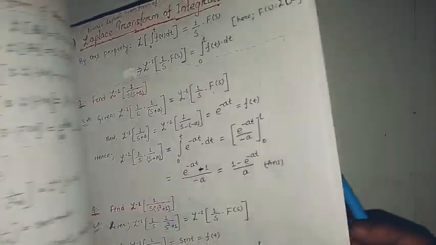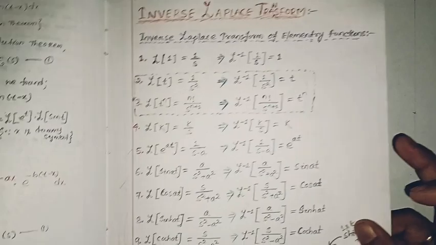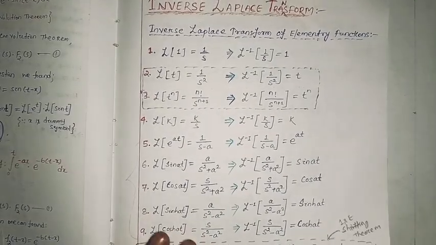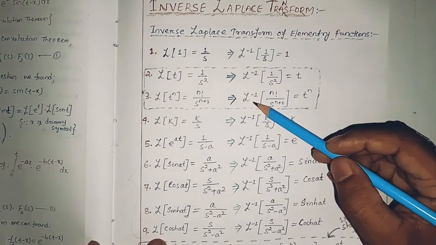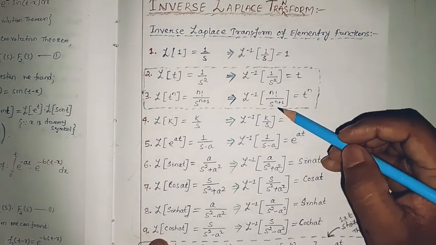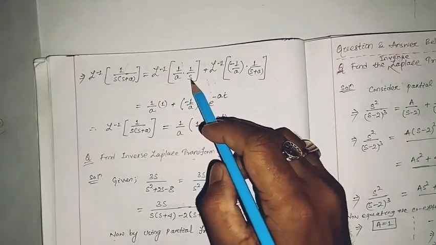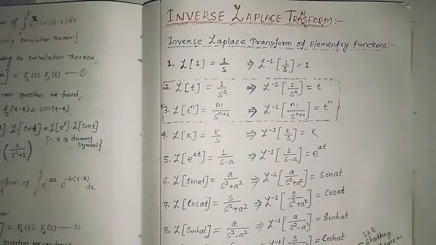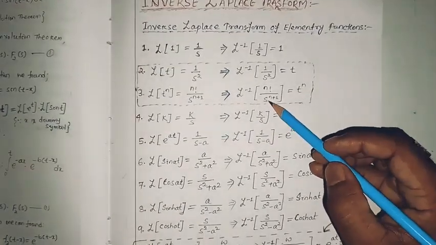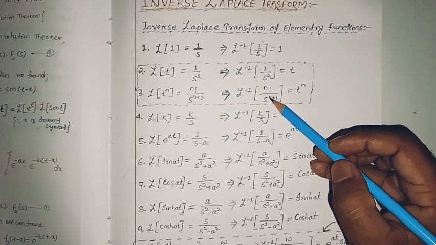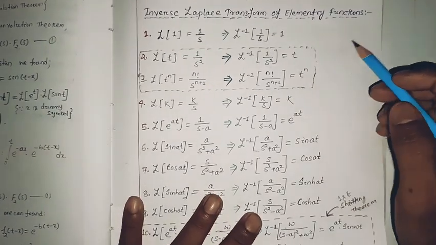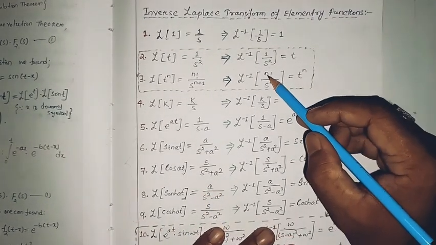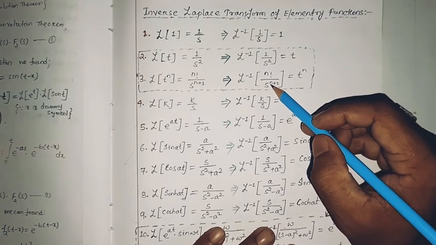We know that, you have to remember, I told you these 16 formulas or functions, the inverse Laplace transform basics, you should remember. Here you can see the inverse Laplace transform of 1 by s. 1 by s means s to the power 1 is there. Here you can see n factorial by s to the power n plus 1.